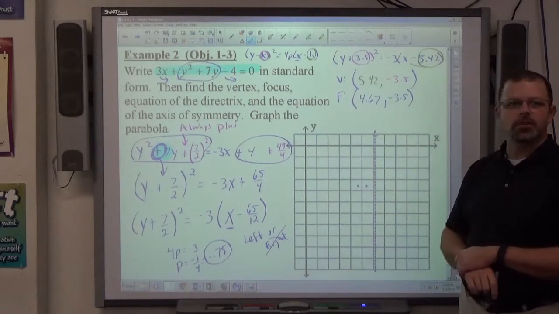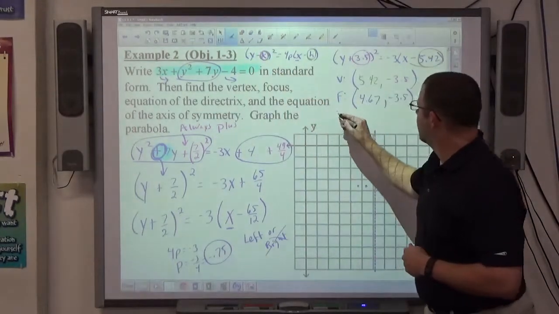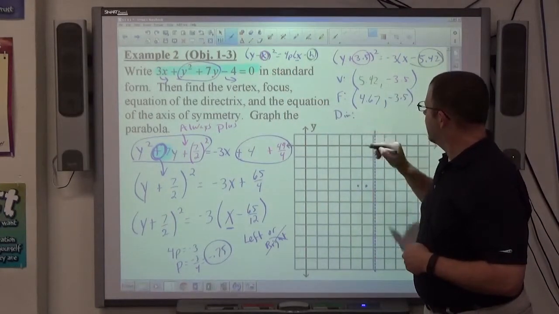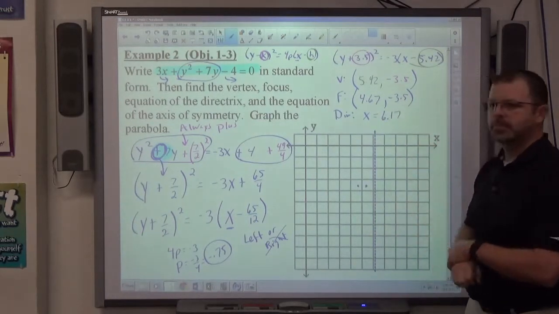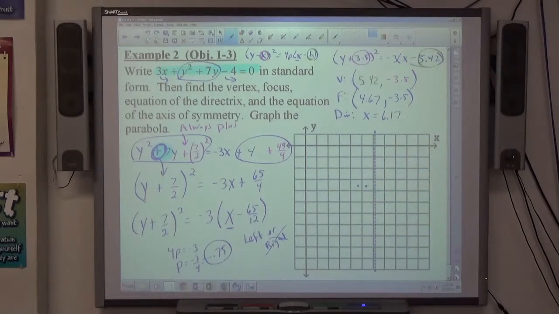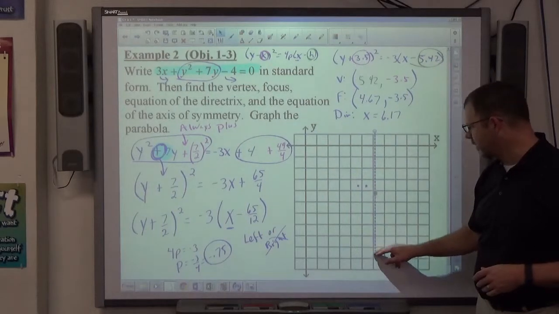And again, I know my directrix looks like a vertical line, dashed, so I draw it that way. And identify its equation: x equals 6.17. Again, I'm basing everything on what it's supposed to look like and just putting things where they belong based on what it's supposed to look like.